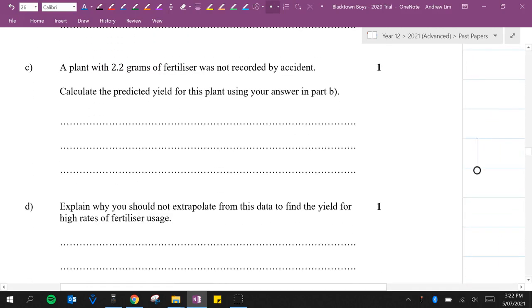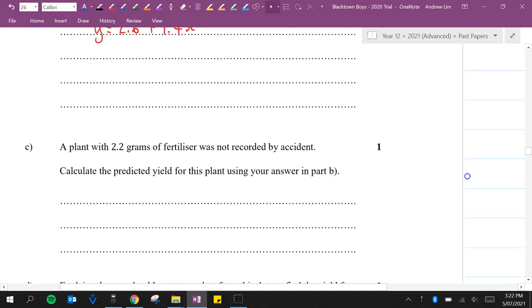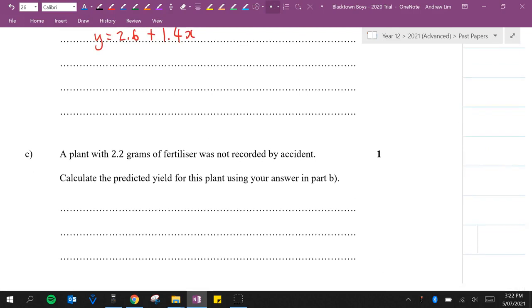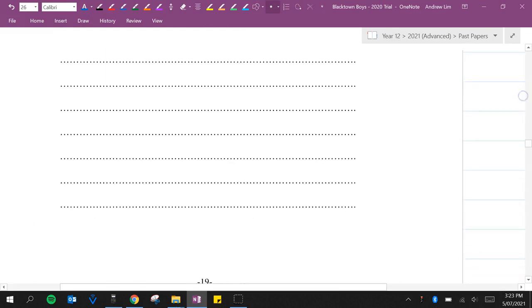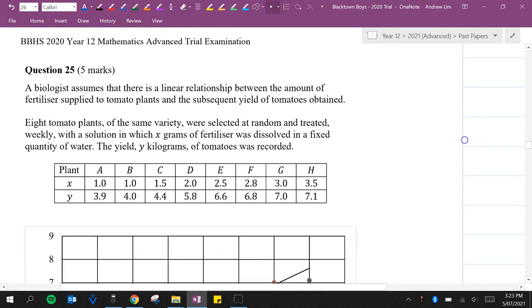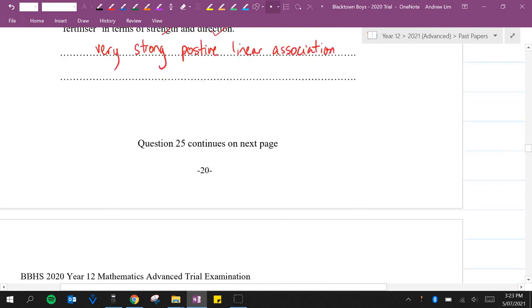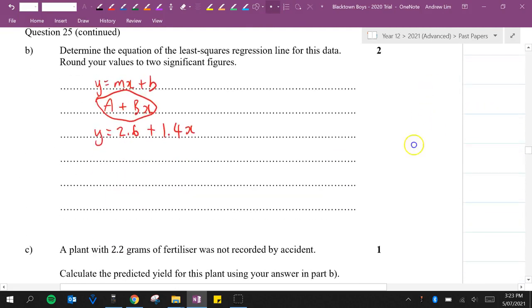Question C. A plant with 2.2 grams of fertilizer was not recorded by accident. Calculate the predicted yield for this plant using your answer in part B. So here's our answer. We know that X is the amount of fertilizer, Y is the yield. Let's just double check that according to the question. Yes, Y is the yield, X grams of fertilizer. So just to make sure that we substitute the values in correctly.